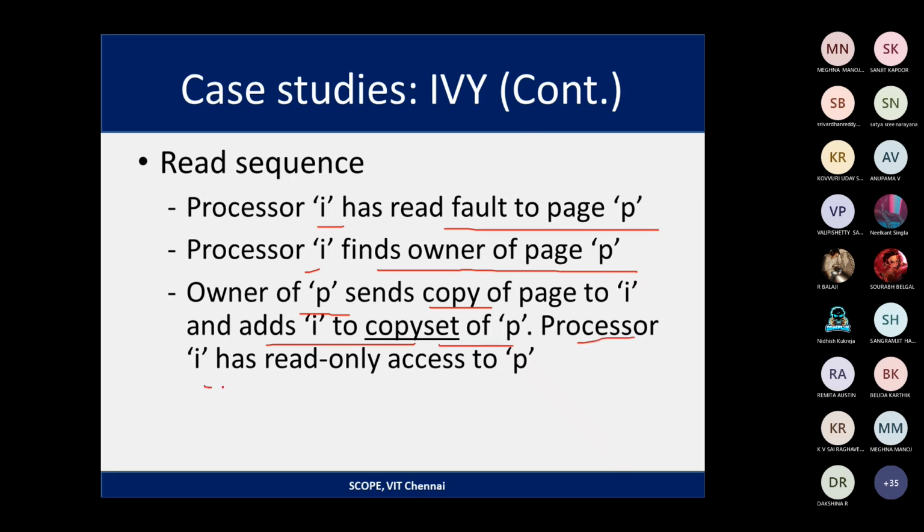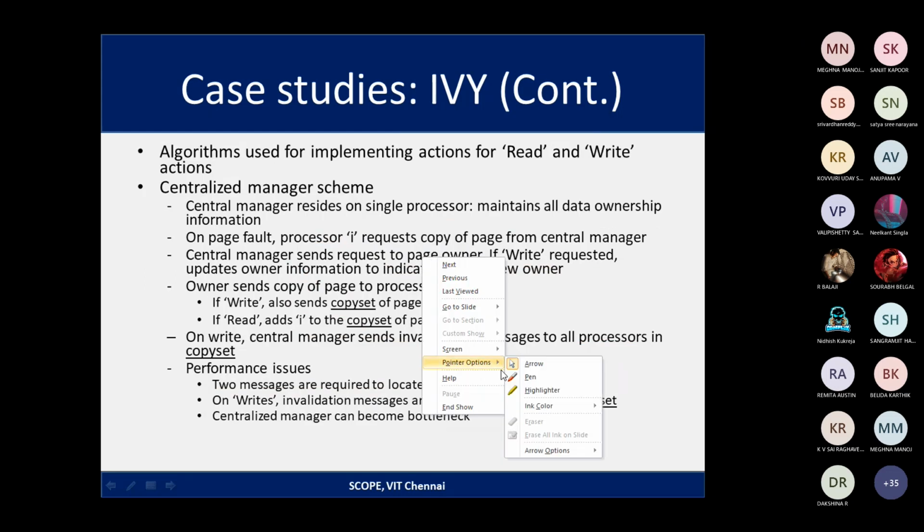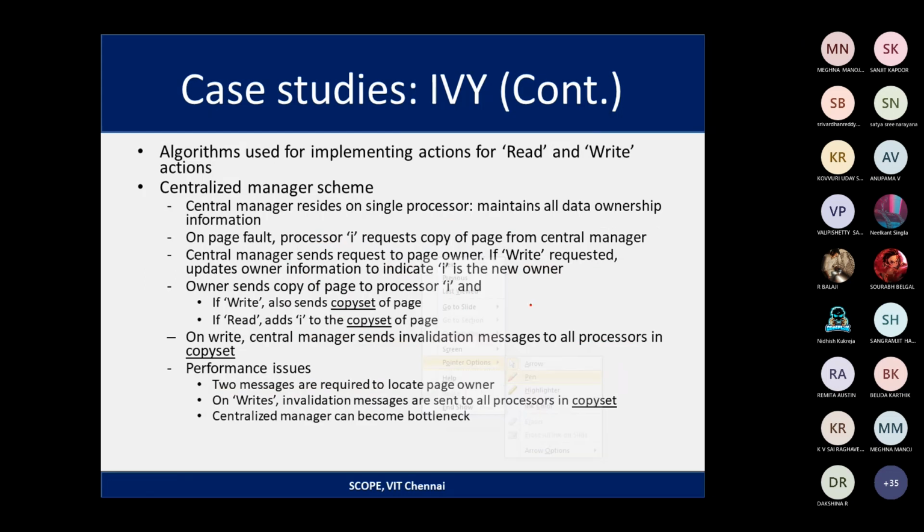So now processor I has read-only access to it. So these are the write sequence and read sequence, and how they happen, and the algorithms used for implementing read and write actions. We will use the centralized manager scheme. The central manager resides on a single processor and maintains all data ownership.